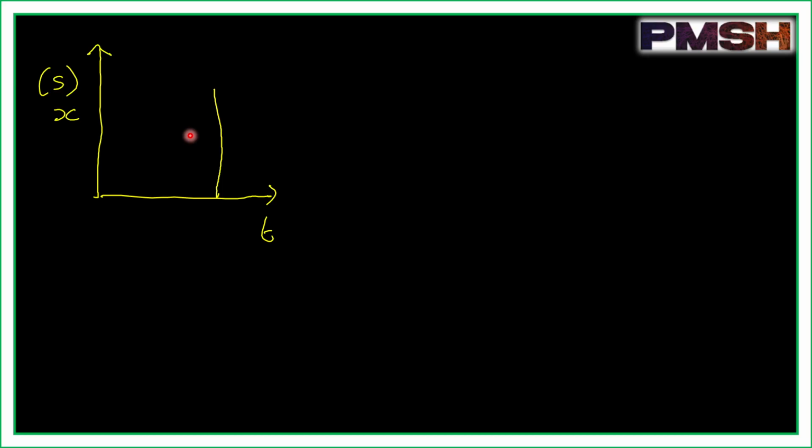No, because here the value of displacement is increasing without change in time, right? Here you will have a value like say 5 seconds. So there is a change in position, a change in displacement. You can observe here the displacement is increasing, the graph is going up. But the time is constant. Is that possible? Never.